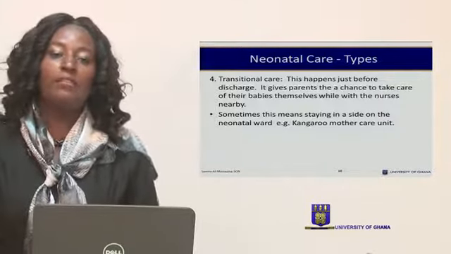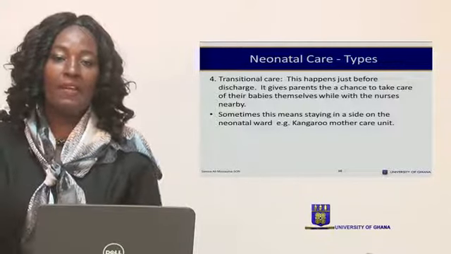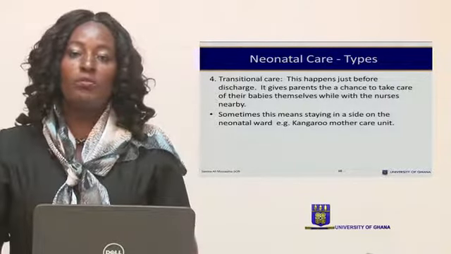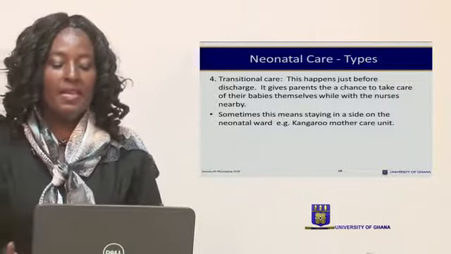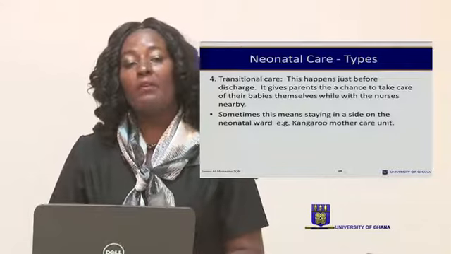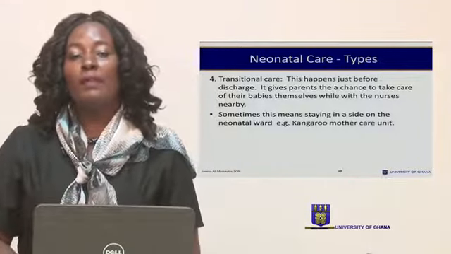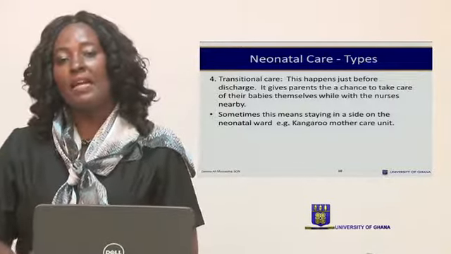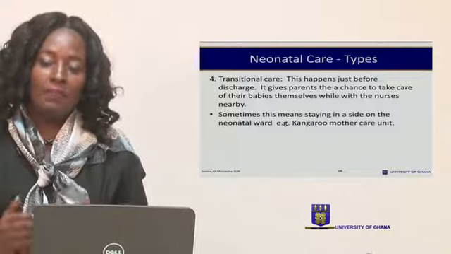So we're emphasizing family-centered care, where the family or the mother or the caregiver is given the necessary skill to be able to continue with the care at home. And sometimes this means staying in the unit. An example is the kangaroo care unit, which we also have at Korle Bu, where the mothers are allowed to practice kangaroo care when they have acquired the necessary skill before discharge.